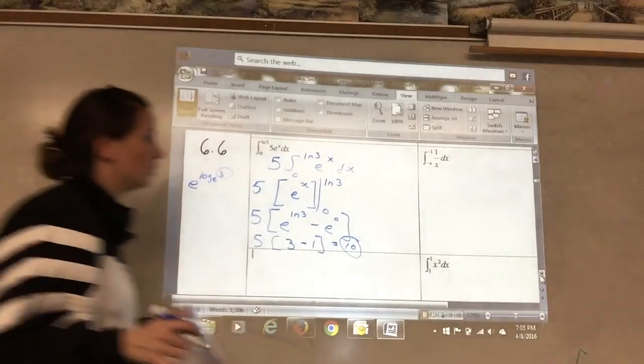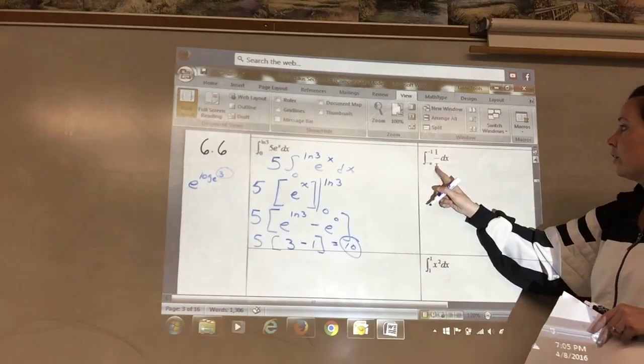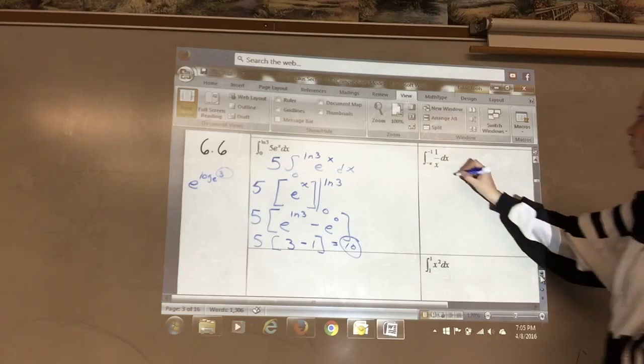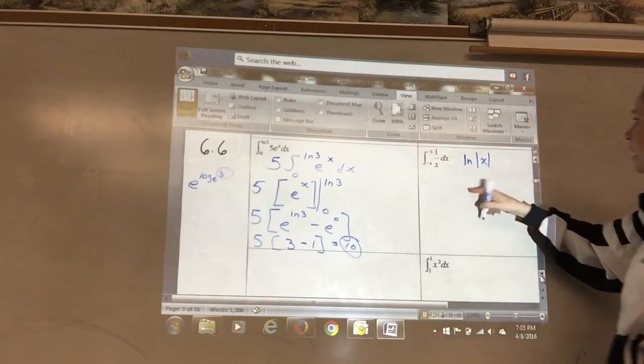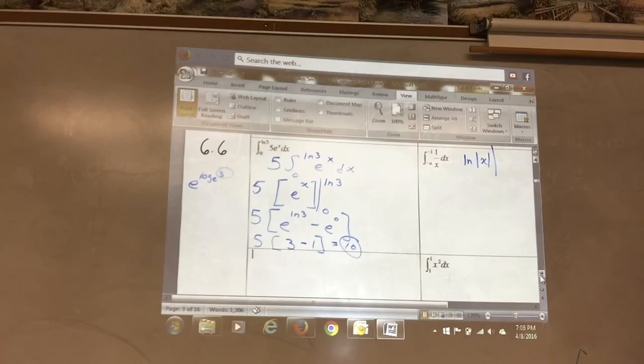Okay, over here, integrating 1 over x. Now this is one from your sheet, so hopefully you remember this. The integral of 1 over x is the natural log of the absolute value of x, and again, that has to be evaluated. What's that number there? Is that a negative?